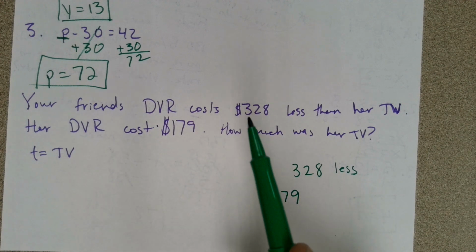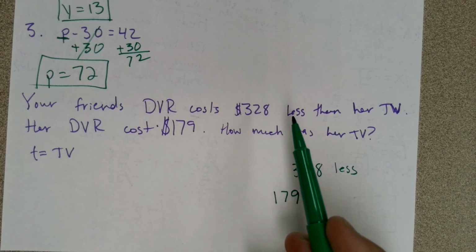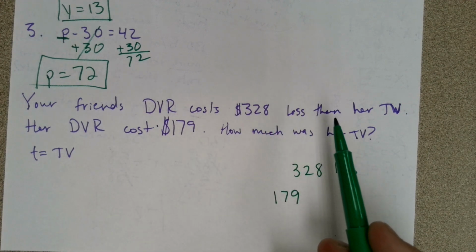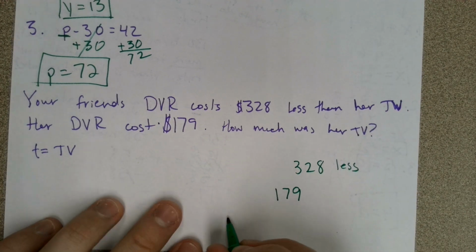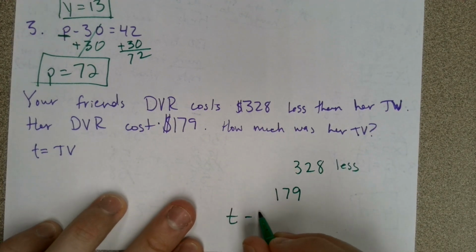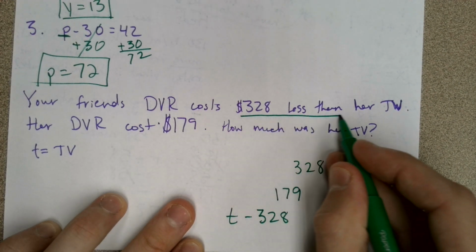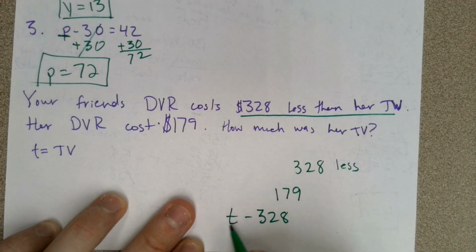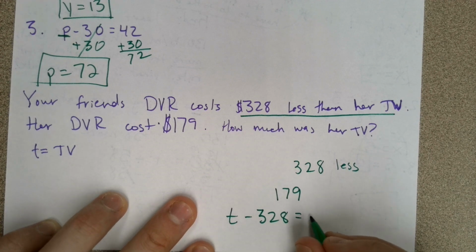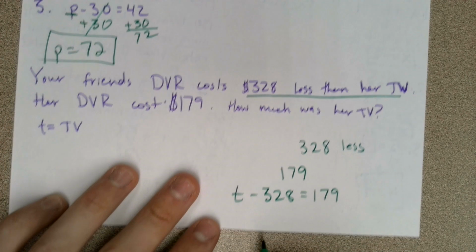The DVR is $328 less than her TV. So we have the TV minus $328 because it's $328 less than TV. Our T represents TV, and that's going to equal the price of the DVR, which we already know is this.